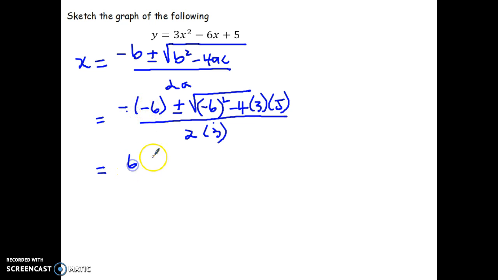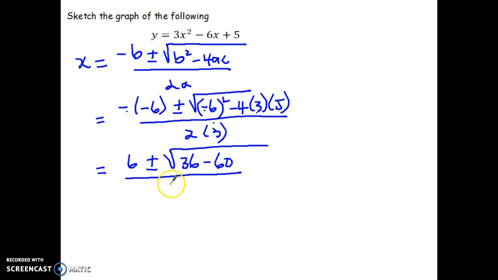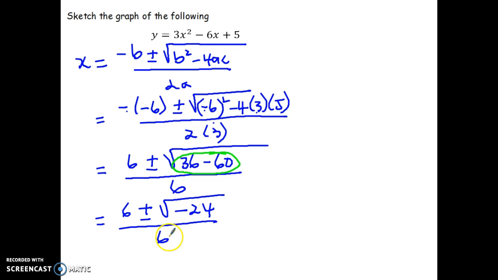Minus 6 is plus 6, plus or minus the square root of minus 6 squared is still 36, a positive 36. And I'm taking away 12 times 5, which is minus 60, all over 6. Now what you should notice here is that if you do this, 36 take 60, you're going to get a negative number. I'm going to get minus 24 in there. A negative number under the square root you cannot do. There's no solutions.